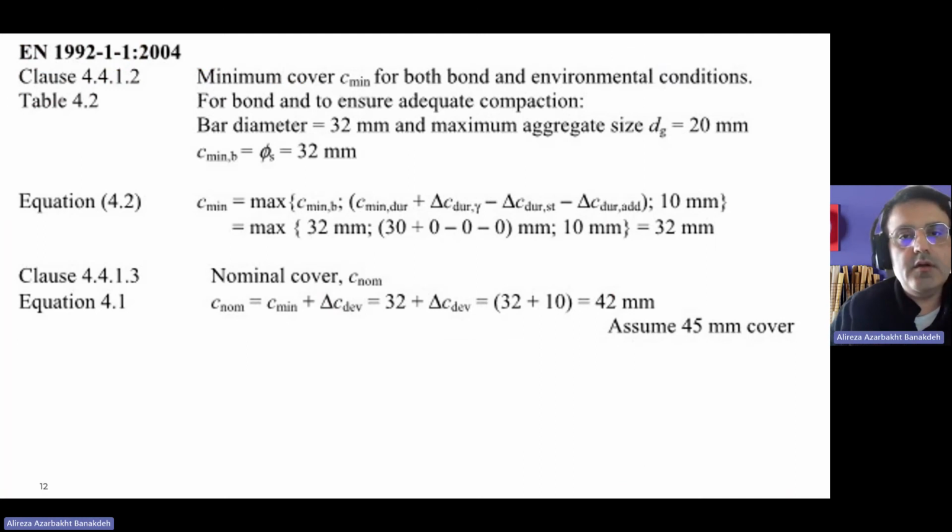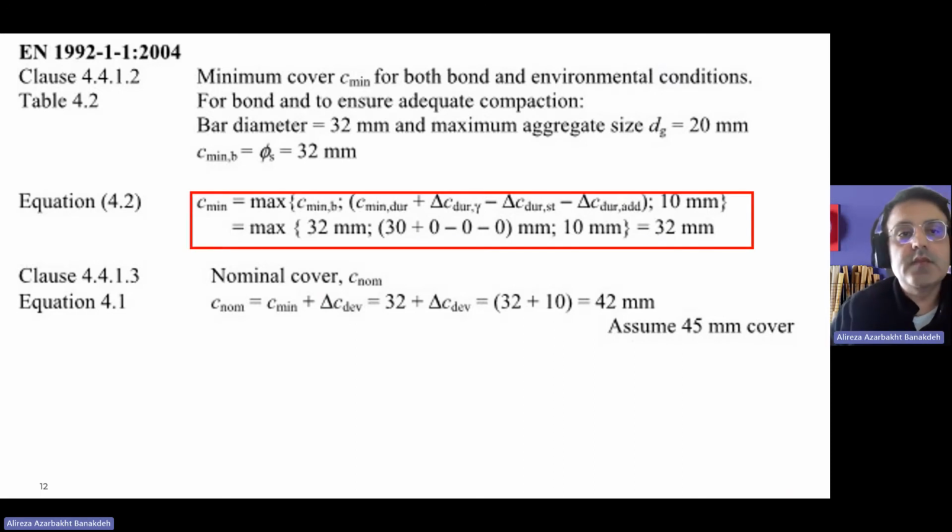And here we are, we have all the parameters to put together and come up with the minimum cover we need. So this is equation 4.2. The C min can be calculated based on the maximum of these three parameters, 32, this is 30, and this is 10. So the maximum of these three numbers will be 32 millimeter.